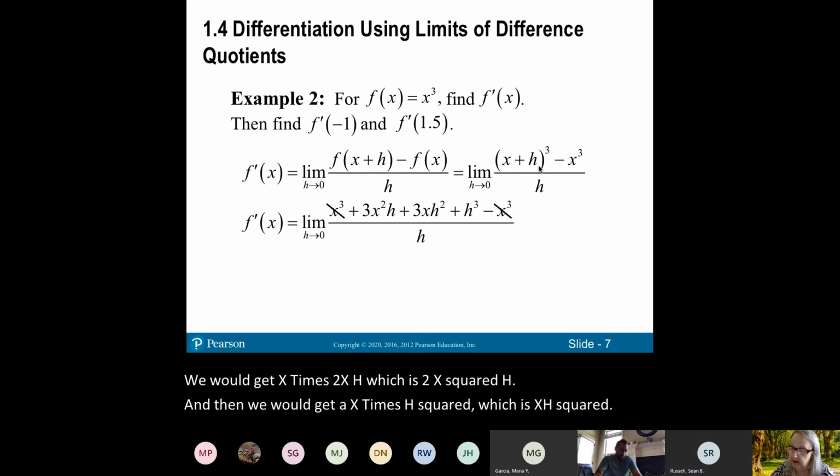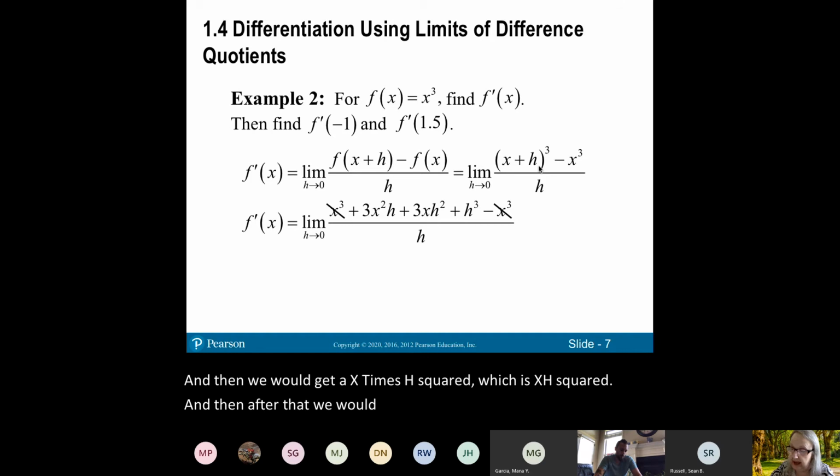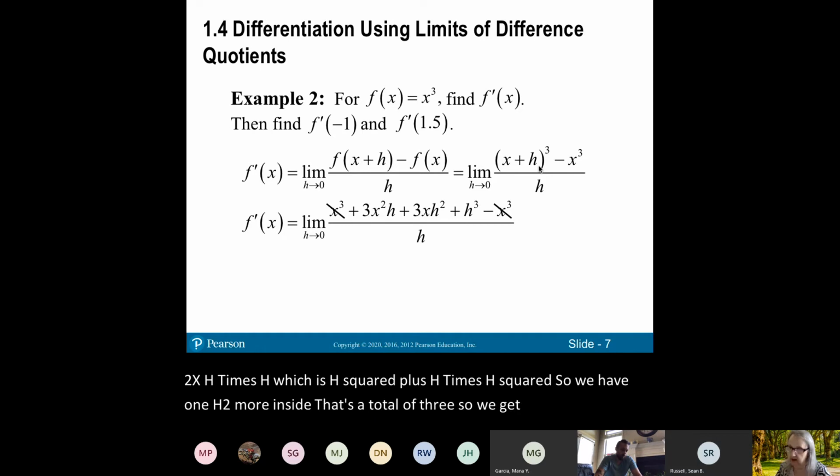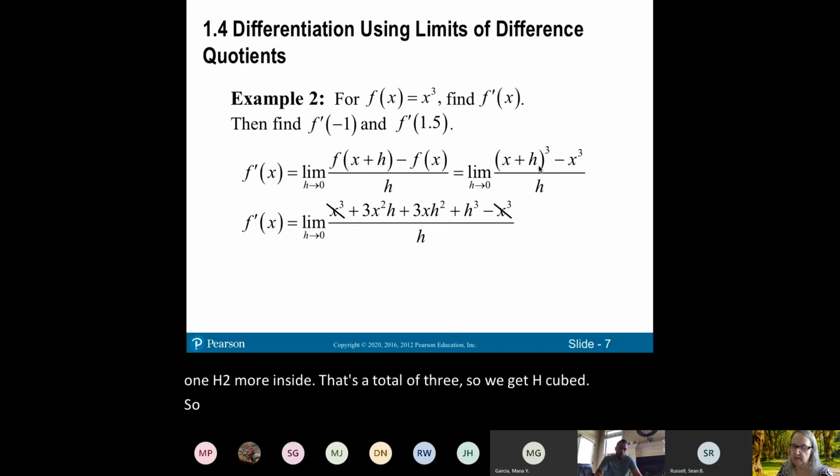And then after that, we would distribute the h through all those 3 terms, and we would get hx squared plus 2xh times h, which is h squared, plus h times h squared. So we have 1 h, 2 more inside, that's a total of 3. So we get h cubed. So we're looking at now combining like terms.